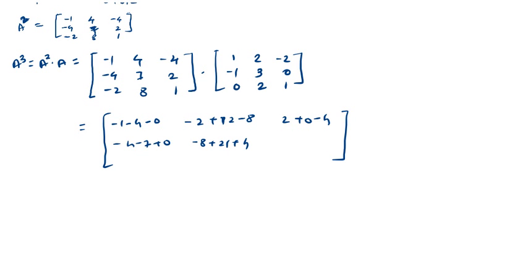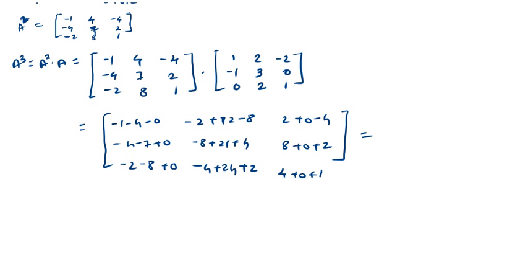Then second row third column, plus 8 plus 0 plus 2. The last row, third row first column, will be minus 2, minus 8 plus 0, then minus 4 plus 24 plus 2, then 4 plus 0 plus 1.